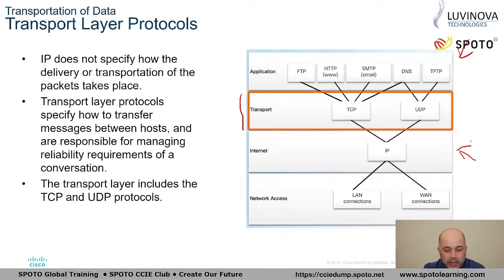At the application layer we have, as in the example in the picture, FTP, HTTP, SMTP, DNS, and many others. So what does that mean? It means that the application layer is directly connected to the application itself and the protocols which make the application work. For example, HTTP, or web browsing, is handled by the HTTP protocol, an application protocol.